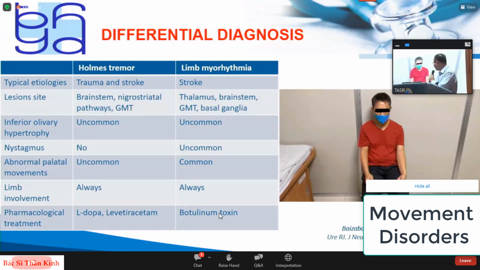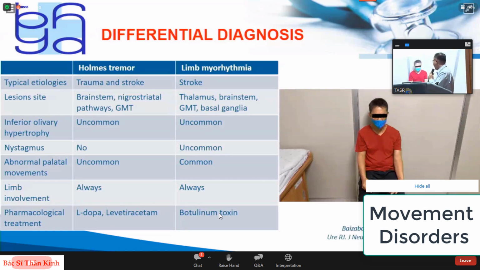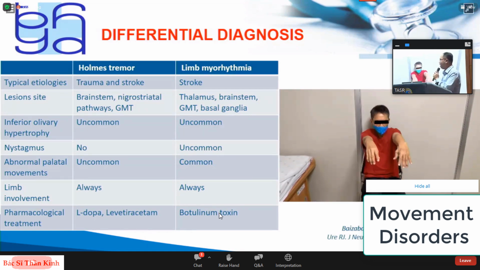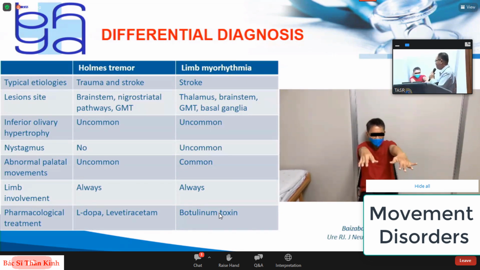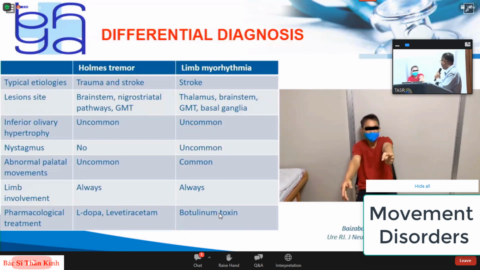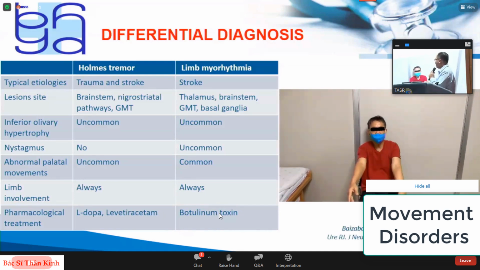Okay, next, here is the abnormal movement of this young man who was admitted to our outpatient department 6 months after a thalamic hemorrhagic stroke. As you can see in this video, the patient has a semi-rhythmic oscillation in his left arm with dystonic posture, and the semi-rhythmic oscillation of his left arm remains unchanged at rest, in posture, and in goal-directed movement.